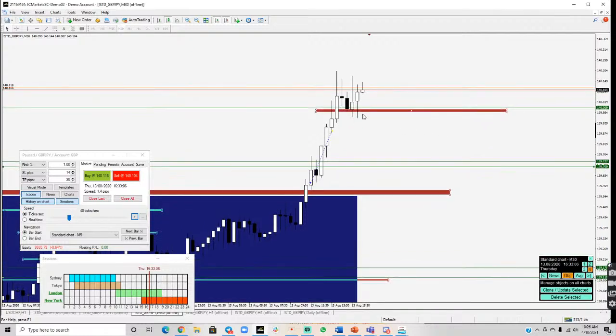I know if price breaks structure again, it increases the probability for us to push down. Even though we are above this minor resistance, what I am also looking at is that we came up 1, 2, 3, 4 times and we got rejected. That's what I am looking at at this moment.